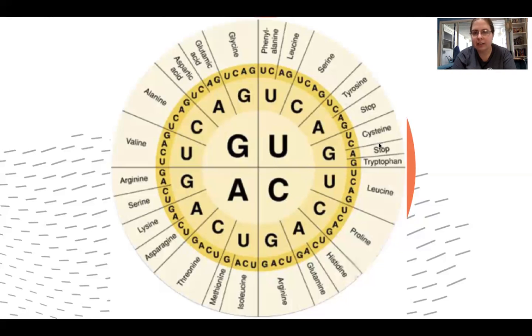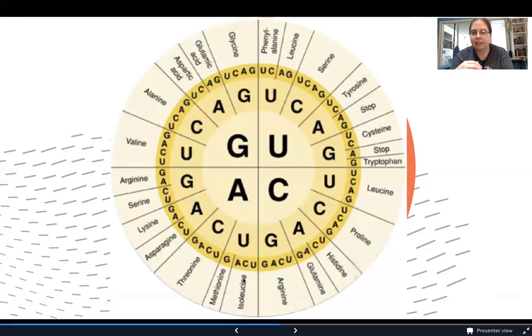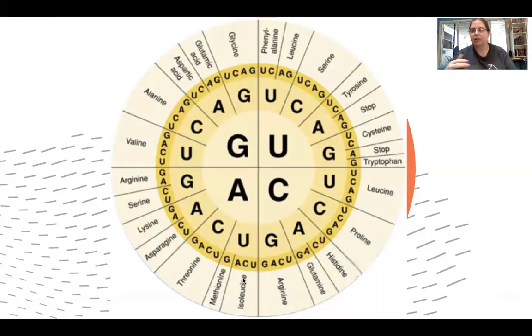Now, there's a couple specific ones I also want to point out. UGA is one of those stop codons. We have 3 total stop codons. We mentioned UGA. We also have UAA, which is stop, and UAG, which is stop. Remember, I also said there's a start codon. That is methionine. Methionine is a special amino acid that creates a reaction that starts attracting all the other tRNAs to that spot.